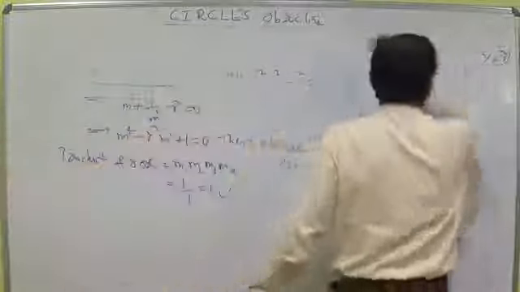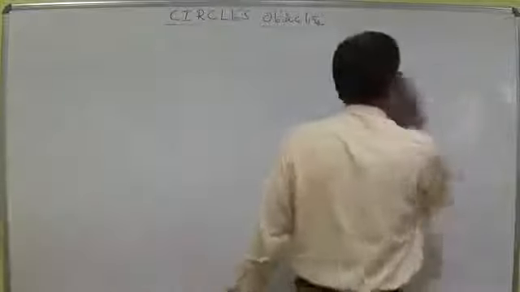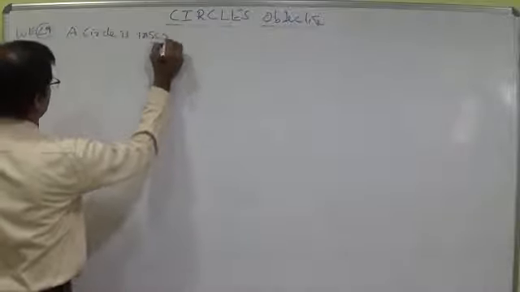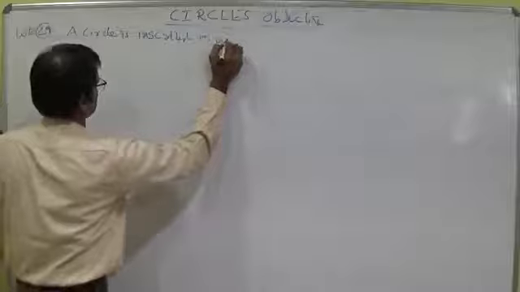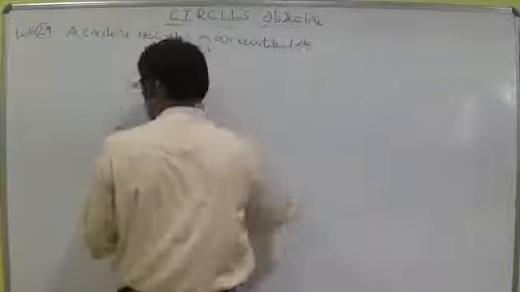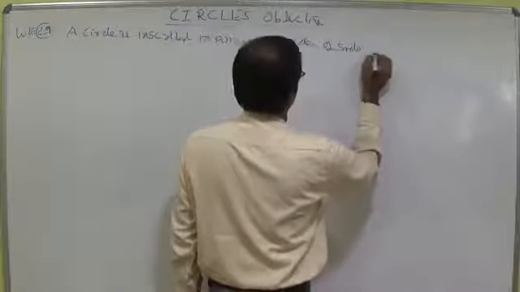Let us discuss worked example 29. A circle is inscribed in an equilateral triangle of side a.